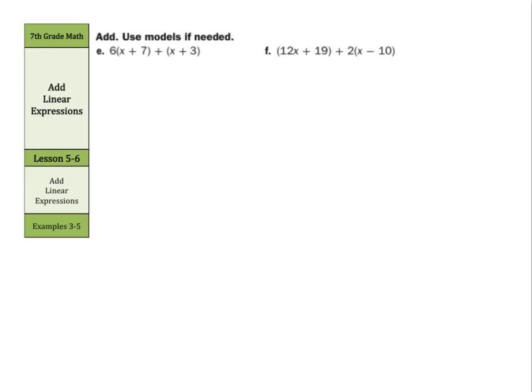And now we get to our distributive property questions of adding linear expressions. So we're going to have 6 times the quantity x plus 3, or x plus 7, excuse me, plus x plus 3. So if we distribute this 6 to the x and to the plus 7, we would have 6x, because 6 times x is 6x, plus 6 times 7 is a plus 42.